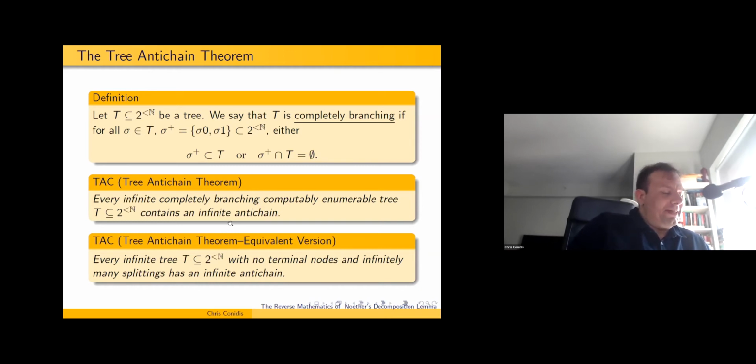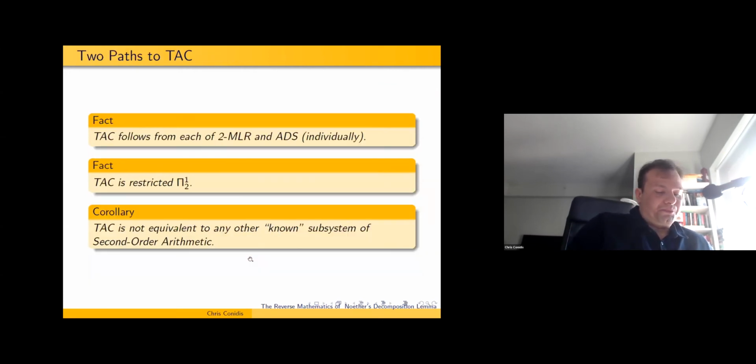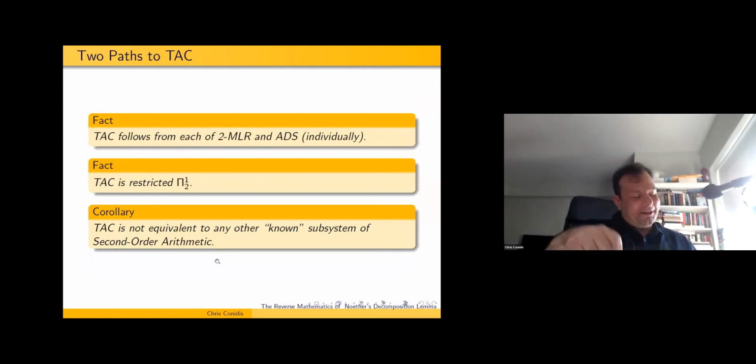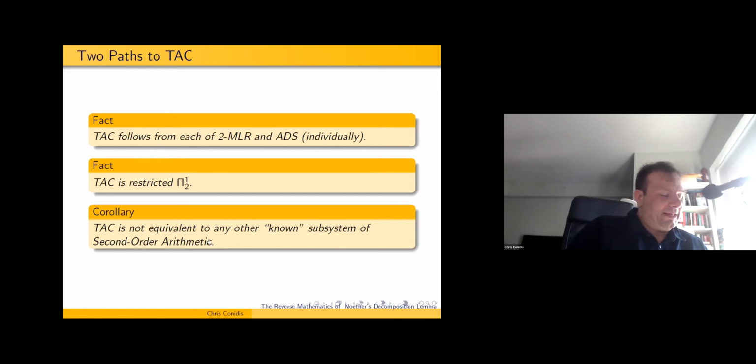All right, so this is the tree anti-chain theorem, and it's related to Noether's primary decomposition theorem. Okay, so some little bit of reverse mathematics. I don't want to dwell on this too much.